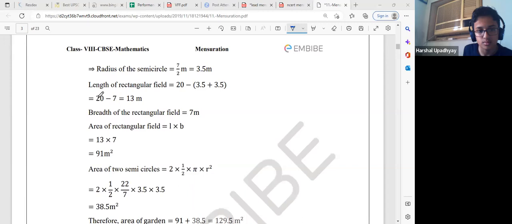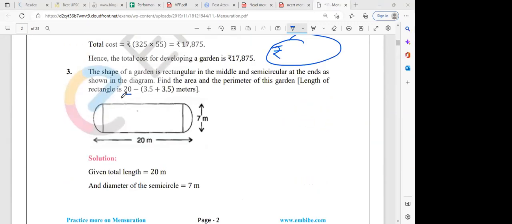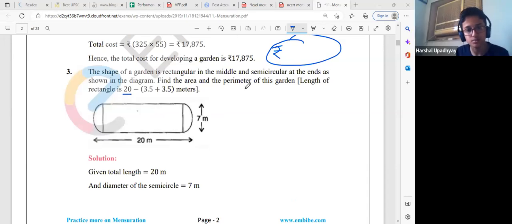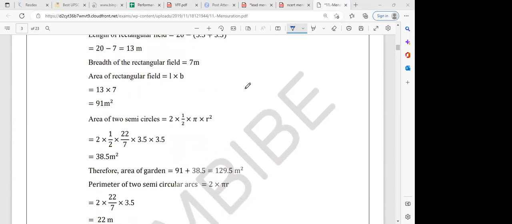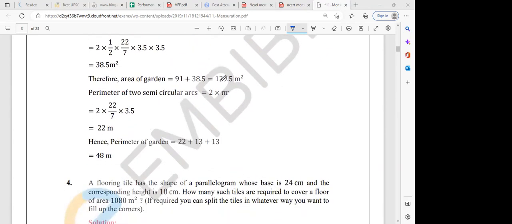And what were they asking in the question? Find the area and the perimeter of the garden. So the area of the garden will be this, and the perimeter of the garden will be this.